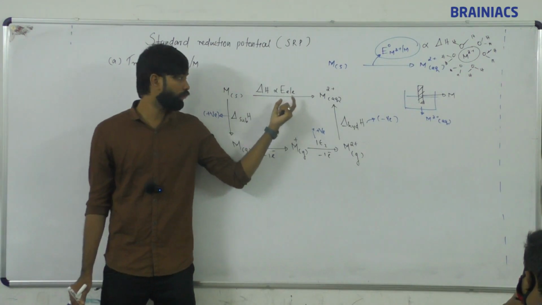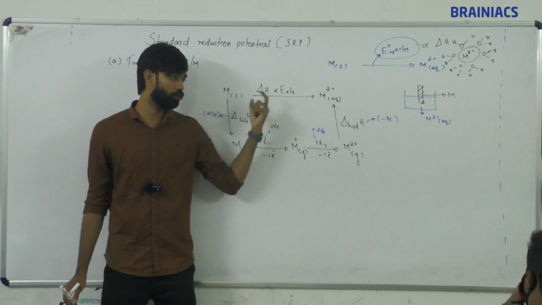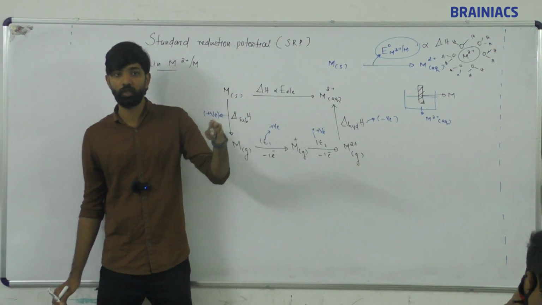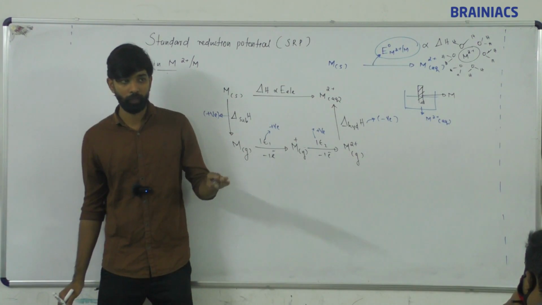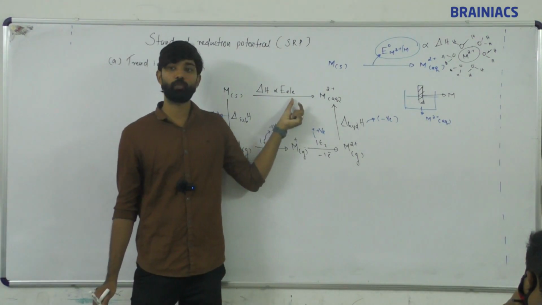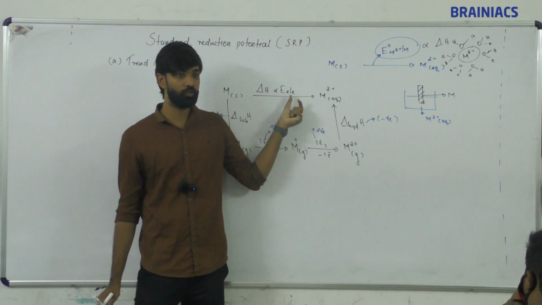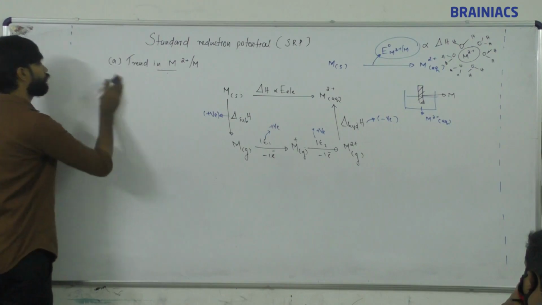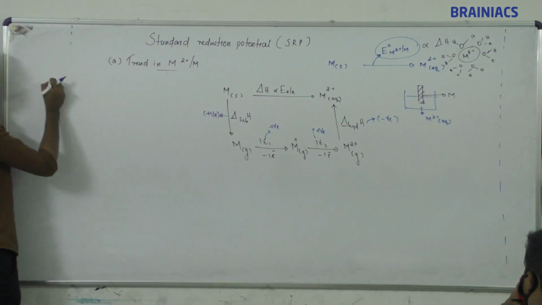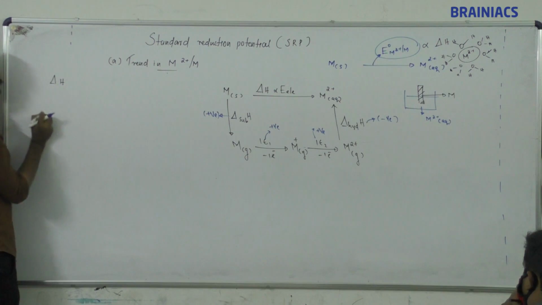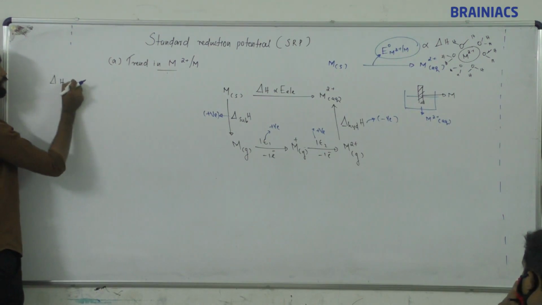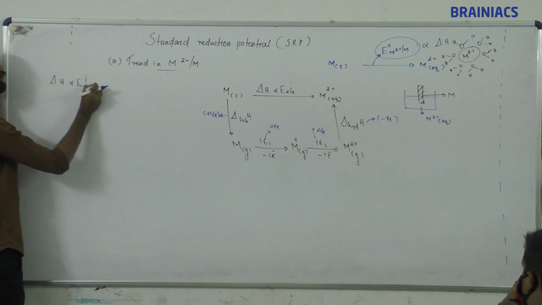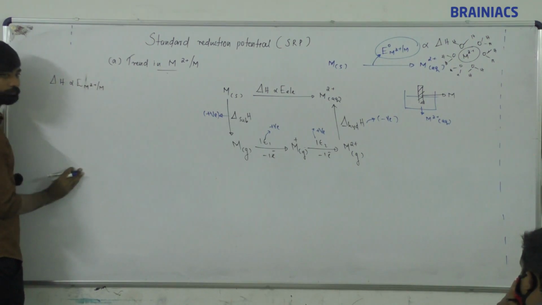The more negative the change in enthalpy, or relatively lower, the electrode potential is lower. So the main point is that the change in energy is proportional to the electrode potential, or proportional to E of M2+/M.